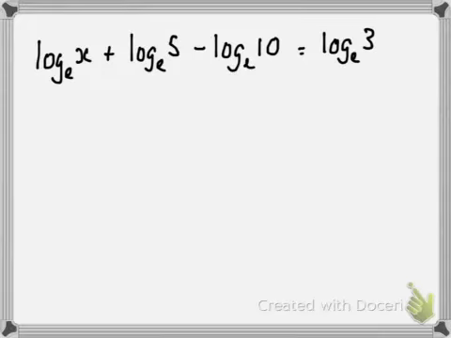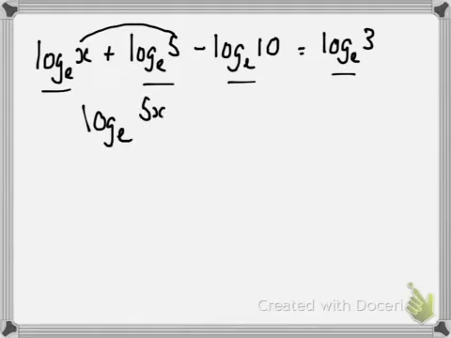Another one, it's a bit similar here. So 3 log expressions here on the left and 1 on the right. Let's get them together. They've all got the same base, remember. So we can get log base e. We can multiply the x by the 5. That gives us 5x. And then because we're subtracting here, we put it over the 10. When we subtract expressions with the same base, we divide.